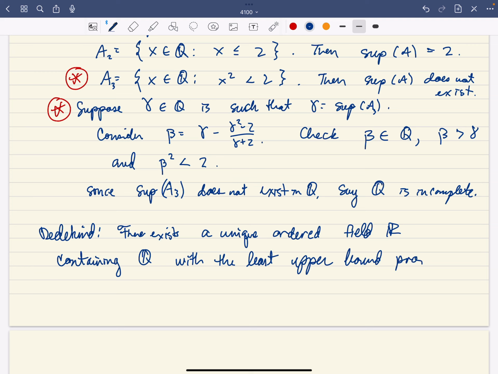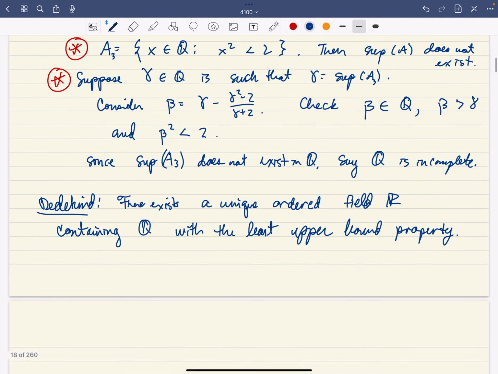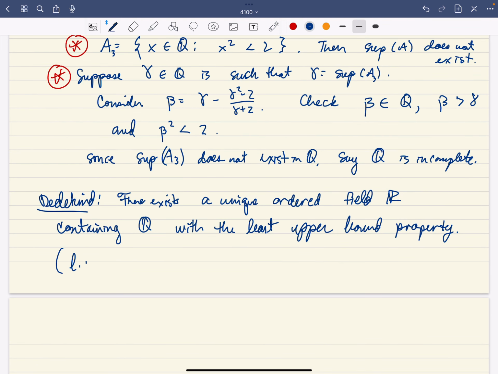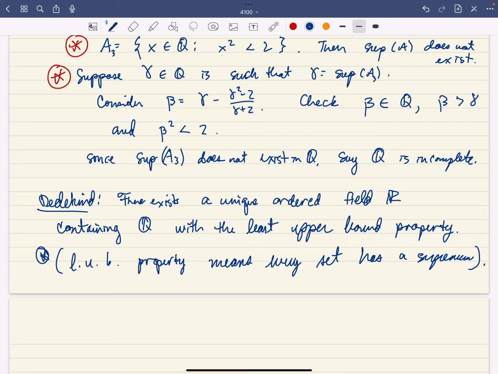The least upper bound property just means that R is going to be a field such that every supremum exists as a real number. So the least upper bound property means that every nonempty bounded set has a supremum. Every such set has a least upper bound. So that's the least upper bound property.